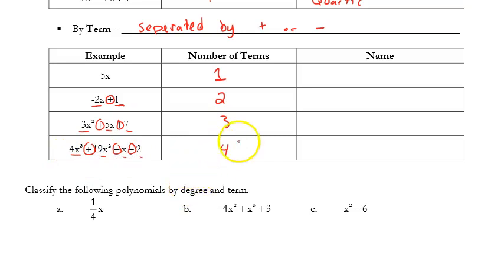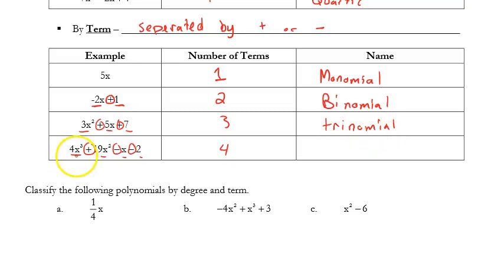But again, just like with by degree, we don't classify them by a 1-term or a 3-term polynomial. We have very specific names. When it's one term, we call it a monomial. 2 terms, and we'll study these a lot in this chapter, are called binomials. 3 terms, we'll study these a lot as well, are trinomials.